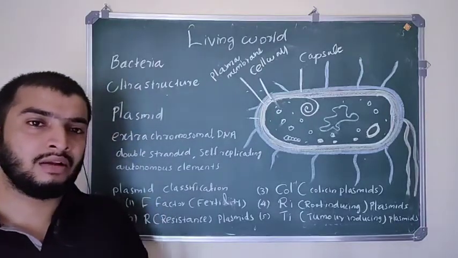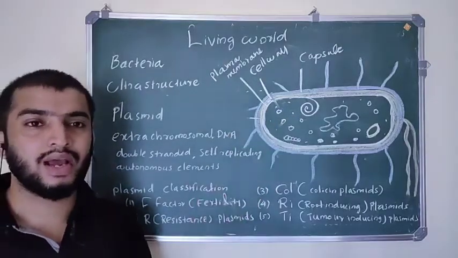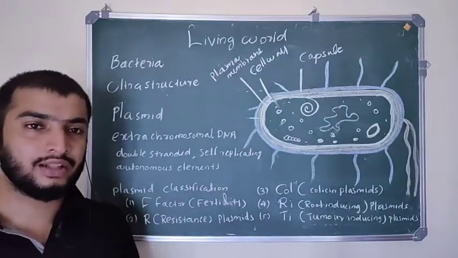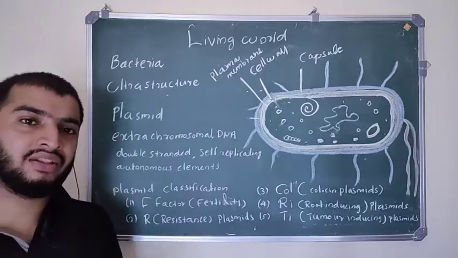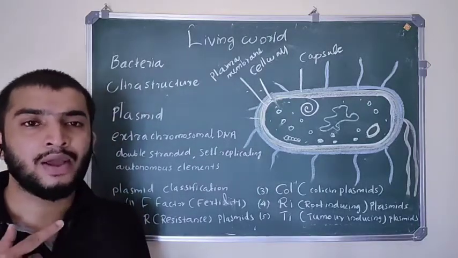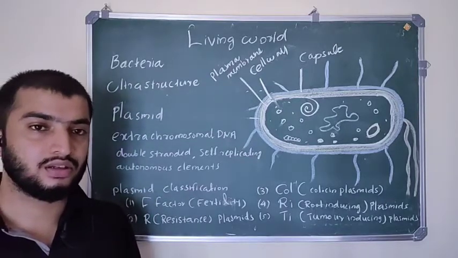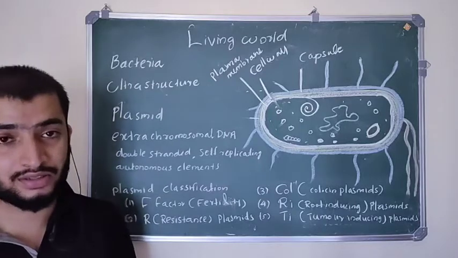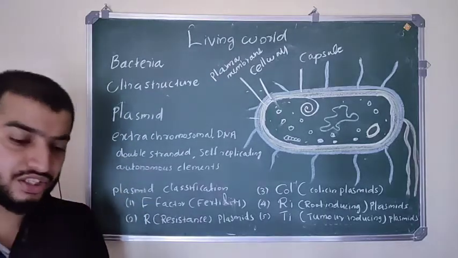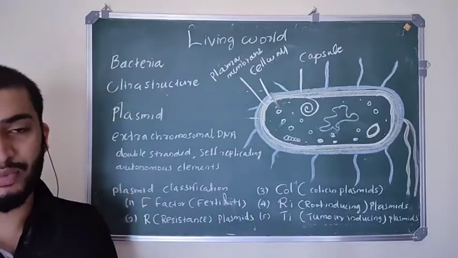That means they can make their own copies without any help from the bacterial chromosome. They contain the genes responsible for fertility, and resistance to antibiotics and heavy metals. So they contain the genes for fertility and genes for resistance to antibiotics and heavy metals.